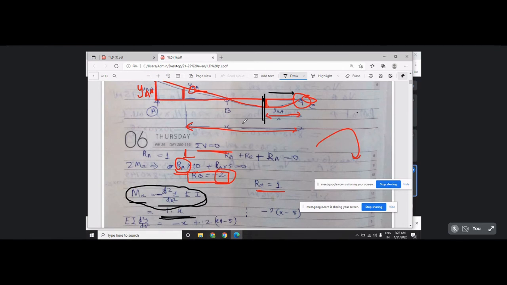But if the x is situated in the AB span, then in addition to that 1 into x, you have to put -2 into (x minus 5). So this will be -2 into (x minus 5). Understood?